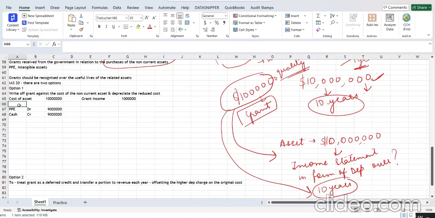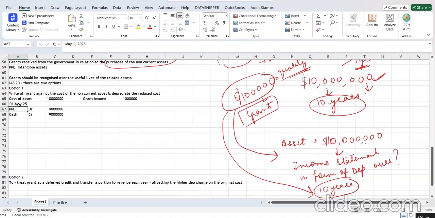Now I recorded this on May 1st, 2025. Now my year end is December 31st, 2025. So now I have to charge depreciation on this, right?